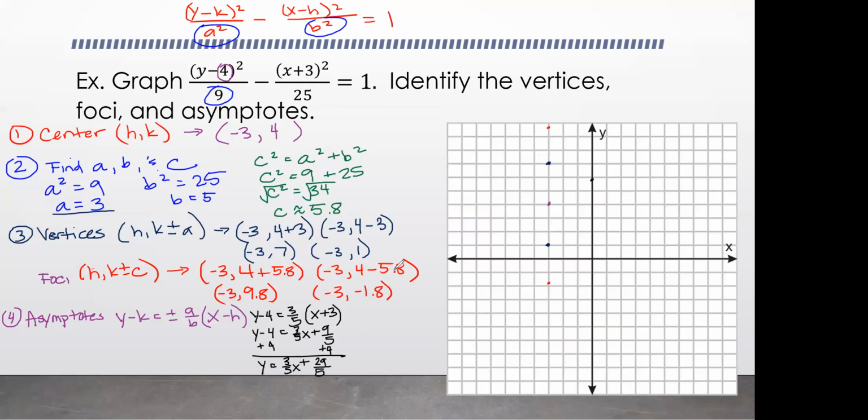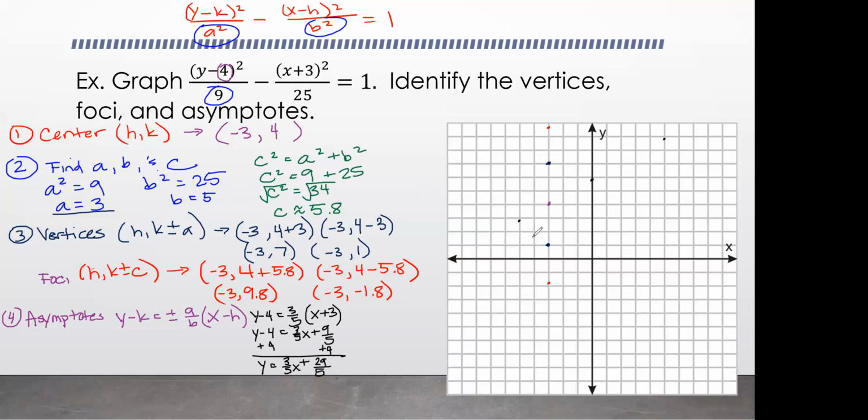And then my slope is 3/5, so I can go up 3 and over 5, and put a point, or I can go down 3 and over 5, and I could have a point there.